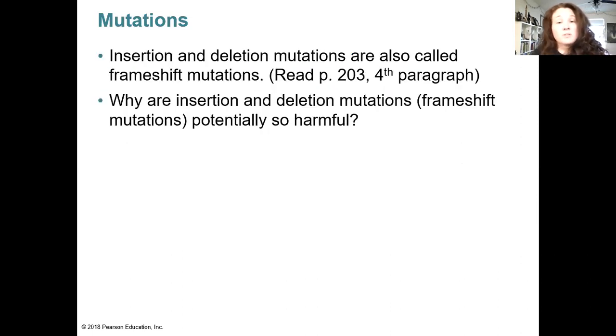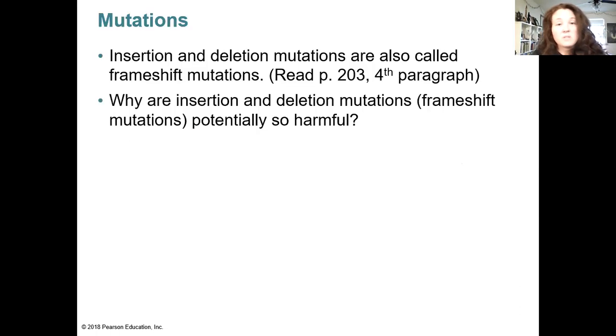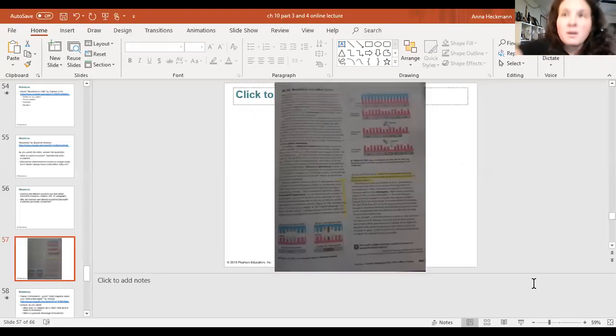Now we're going to read page 203, the fourth paragraph. I'm aware that not all of you have the books, so I've given you a little picture of just this particular page about mutations. Answer, why are insertion and deletion mutations or frame shift mutations potentially so harmful? And the way that you can make this bigger is if you go into PowerPoint.